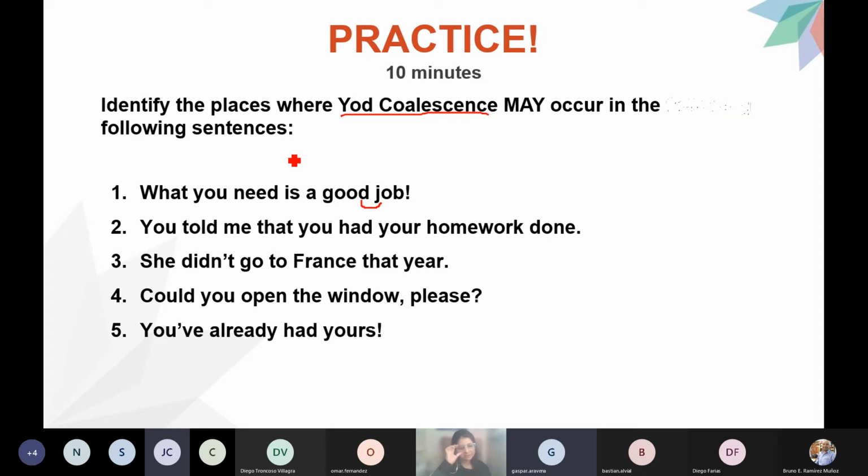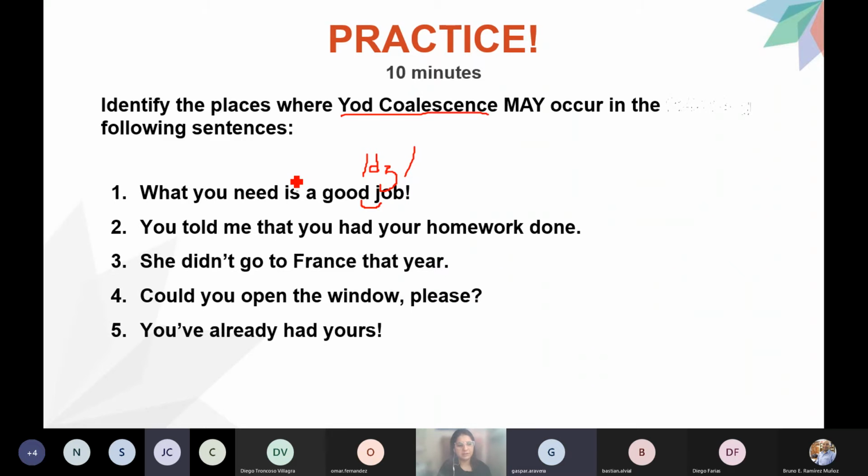Can you pronounce that using the phoneme change? Okay. What you need is a good job. Good job. And is there any other example of yod coalescence in this sentence? Sorry? Is there any other example of yod coalescence in this sentence? What you need.